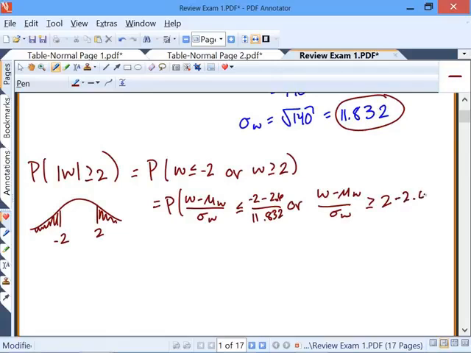And 2 minus 2.6 divided by 11.832. Okay, so this is going to be the probability that Z is less than or equal to negative 0.39, or Z is greater than or equal to negative 0.05.